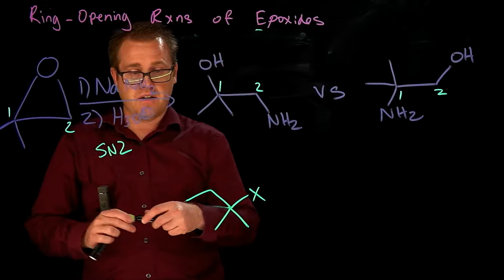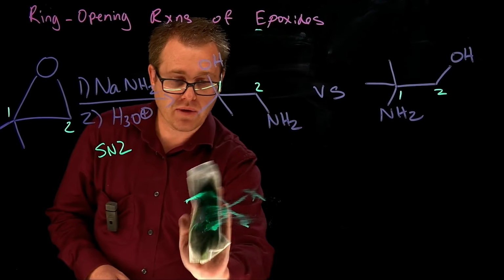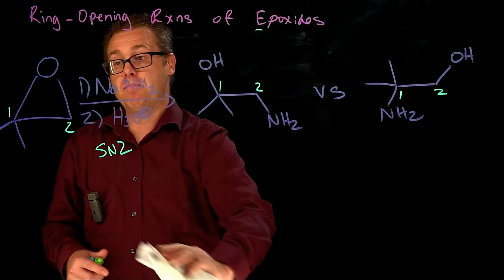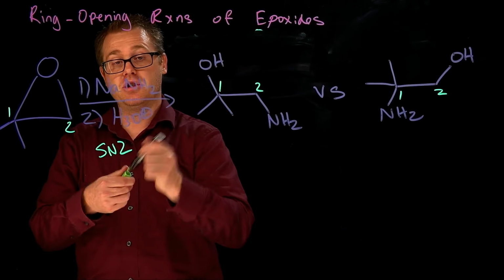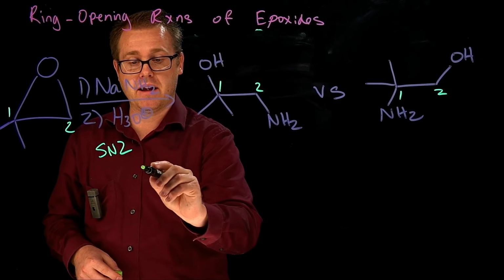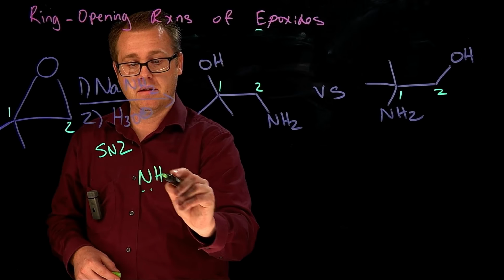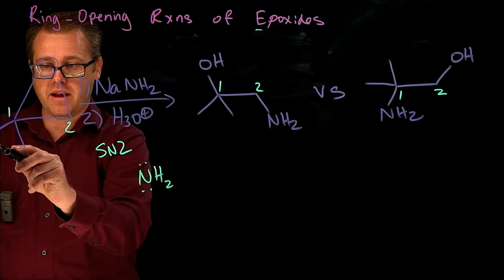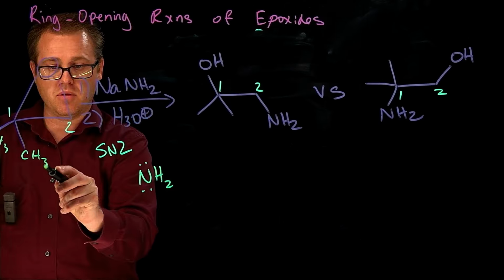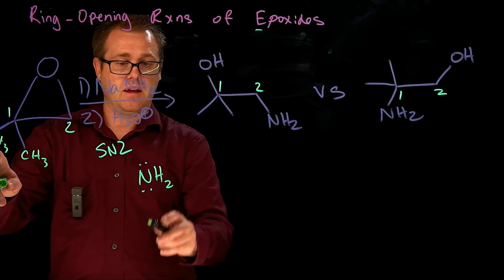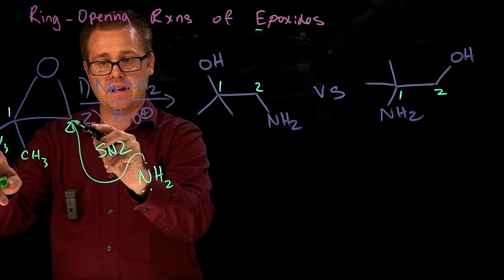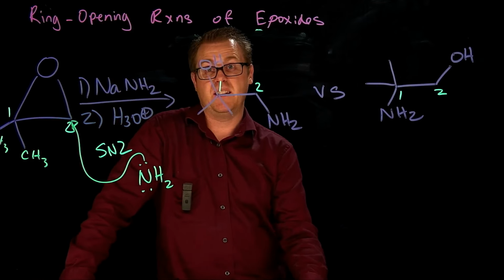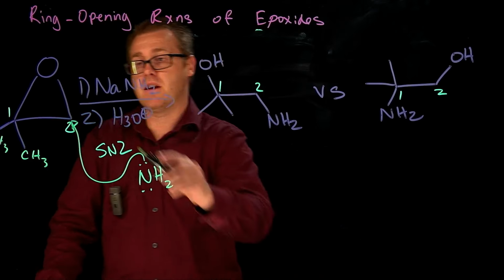Based off of what we know about SN2 reactions, and based off of sterics, when this nucleophile, the sodium amide, comes floating in, there are all these methyls right here, which are nice and bulky. So this amide is going to be like, hey, I can get to carbon 2 a whole lot easier. So it's a steric argument.